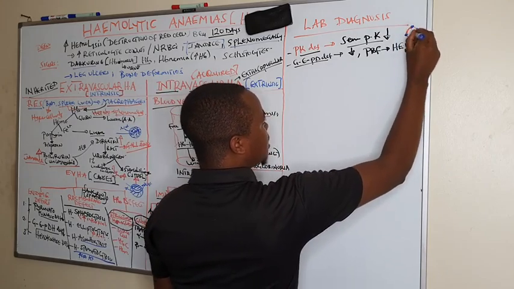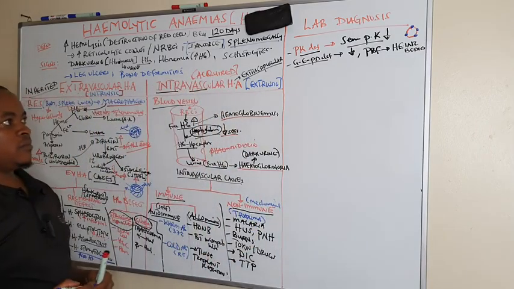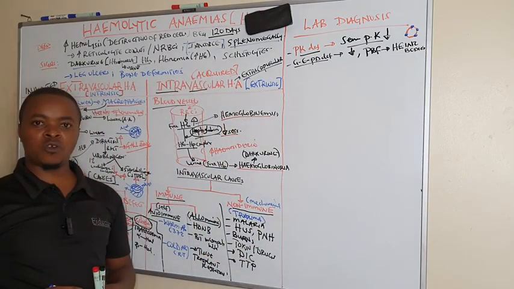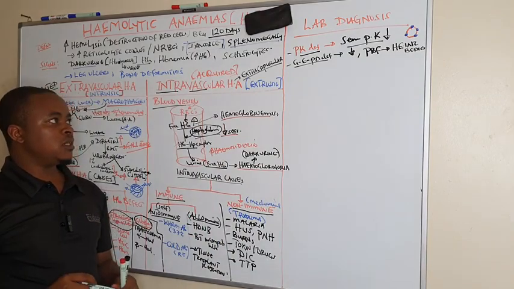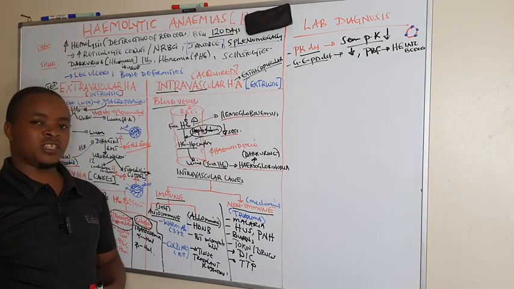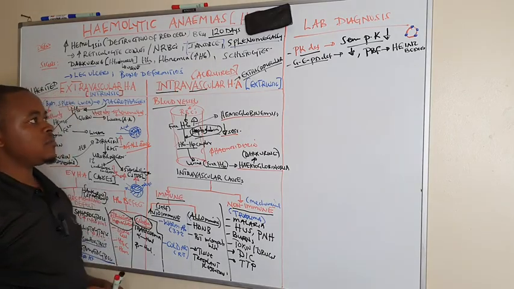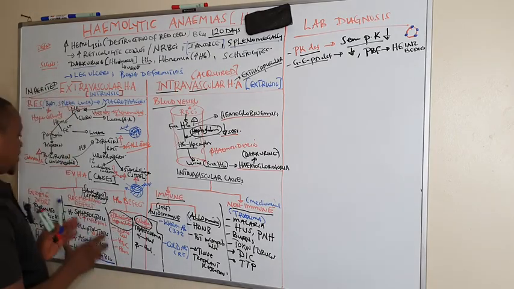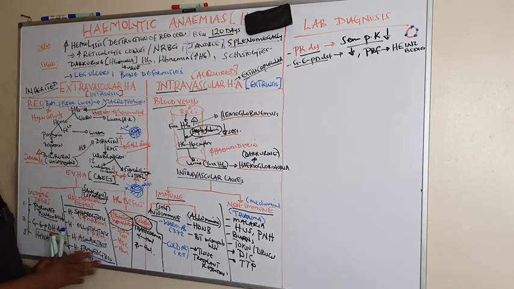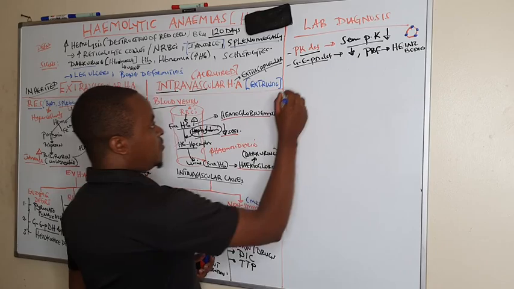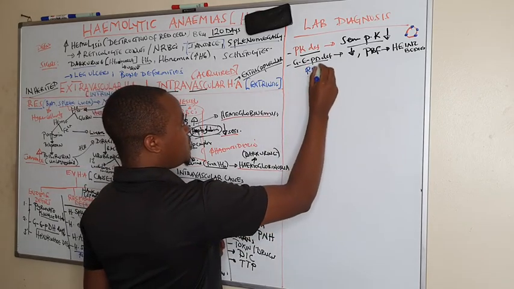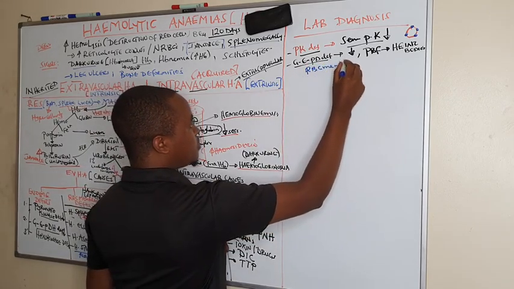These are what we call Heinz bodies, which are peculiar of glucose 6-phosphate dehydrogenase deficiency.